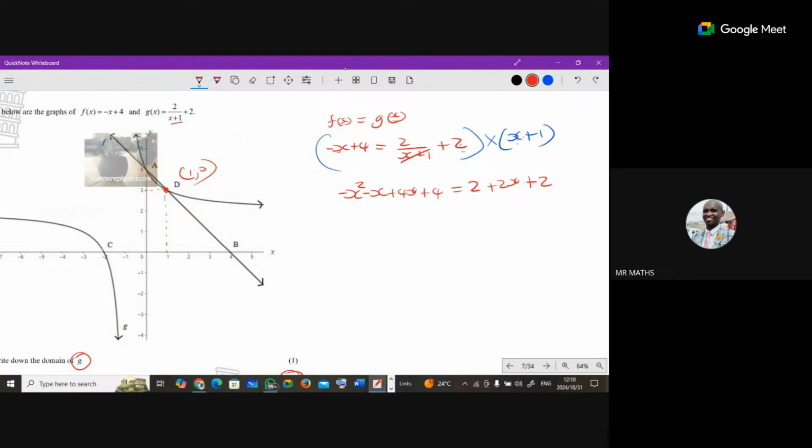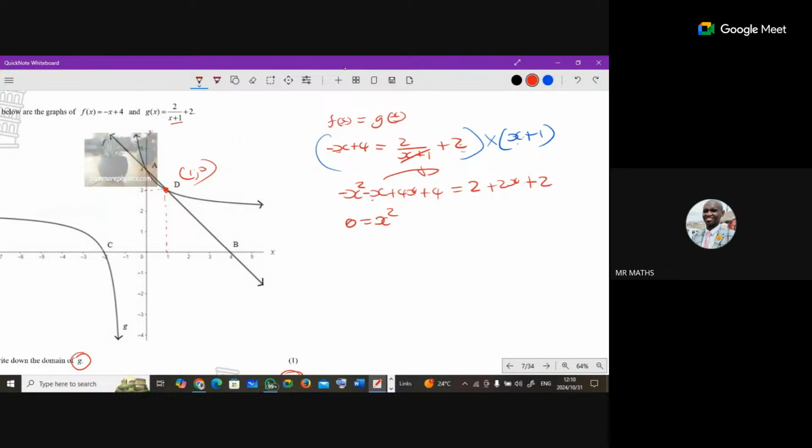Then you can see x squared on the left hand side is negative. So let's just take everything to the right hand side so that the x squared will be positive. So we will be left here with 0, which is equal to x squared, positive. Then negative x plus 4x will give us positive 3x, right?